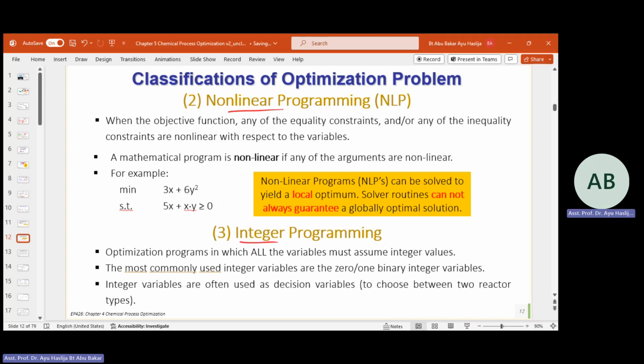Number 3 is integer. Non-linear can be power 2, quadratic. Integer program, all variables must be assumed as integer values. The most common are 0 and 1, the binary integer variables.